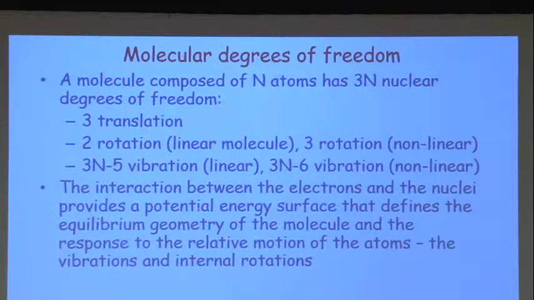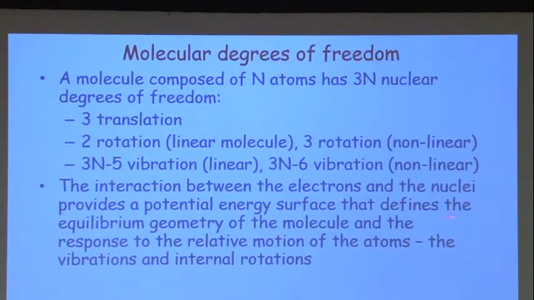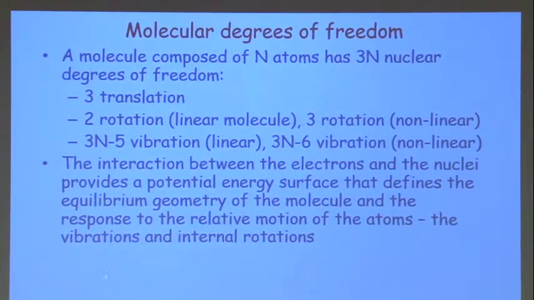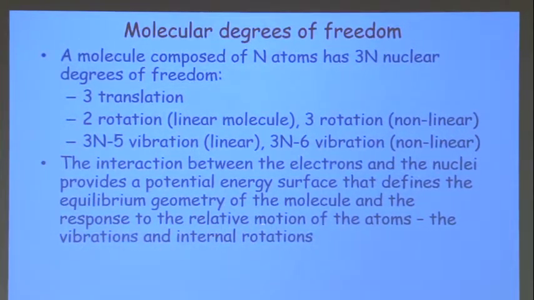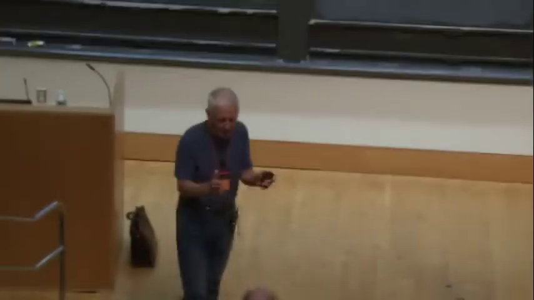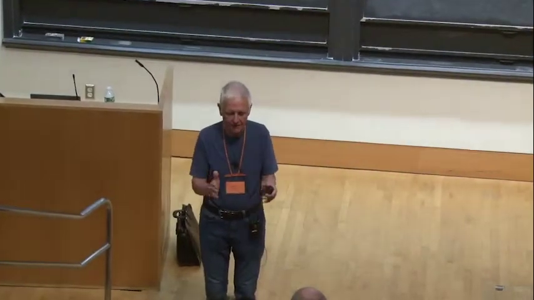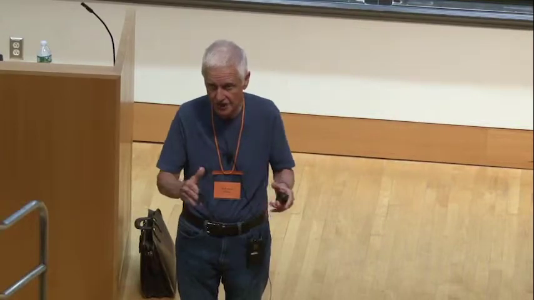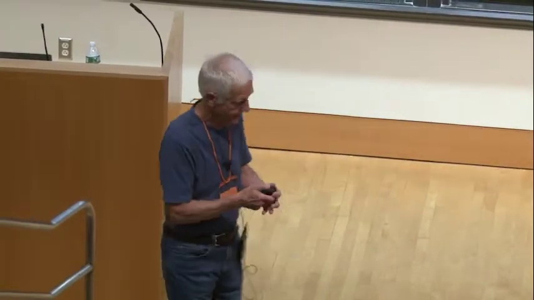The interactions between the electrons and the nuclei provide the potential energy surface that defines the equilibrium geometry of the molecule and the response to the relative motion of the atoms, the vibrations and the internal rotations. What happens is the molecule is vibrating from its equilibrium position, and as it vibrates, the interactions with the electrons change, and so the potential energy changes and increases.